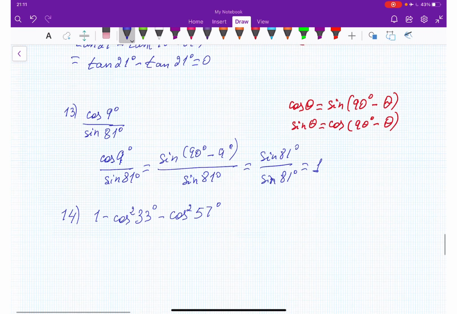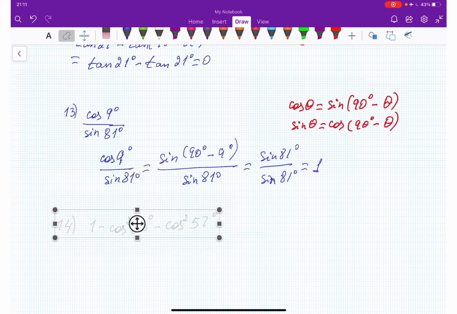And lastly, let's solve this type of problem. 1 minus cosine squared 33 degrees minus cosine squared 57 degrees.